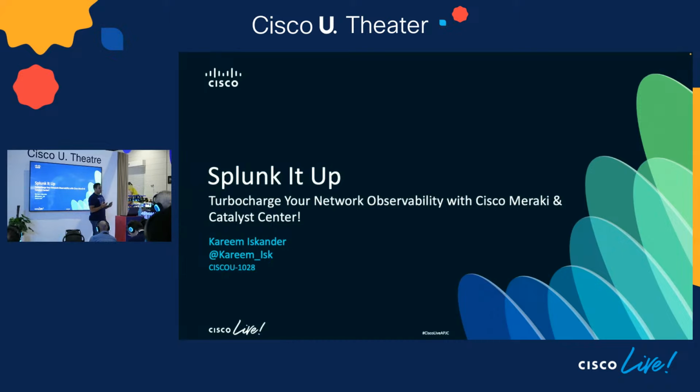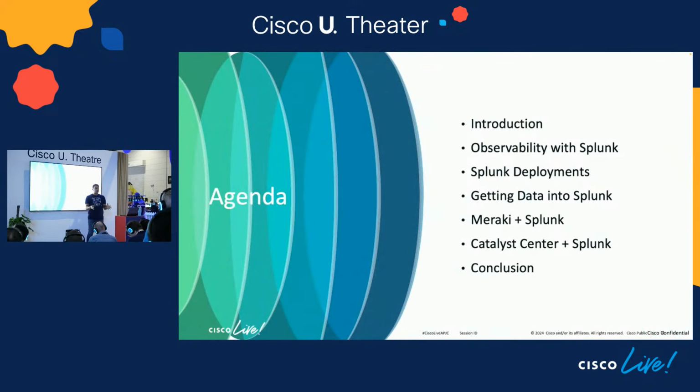The majority of us are familiar with Cisco and what Cisco has, from controllers, from our network, and I wanted to show you a way of how we integrate Splunk in that Cisco ecosystem. I'm going to give you a quick introduction on where Splunk is positioned, and then we're going to talk about Splunk observability.